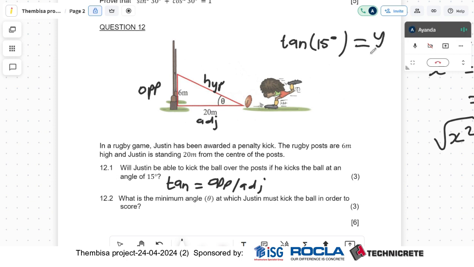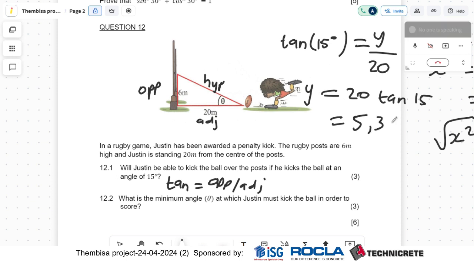That's going to give us a y value, and we know the 20-meter distance. So we can rearrange this and we find that y is equal to 20 times tan 15. If we use our calculators, 20 times tan 15 gives us 5.36 meters. So remember that the posts are 6 meters high. So Justin won't be able to score because it doesn't reach 6 meters. No.